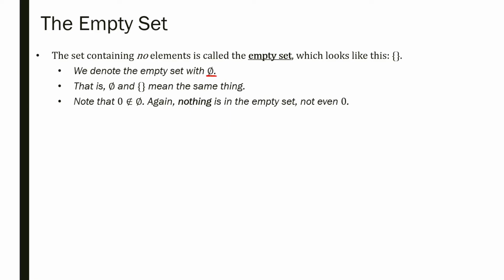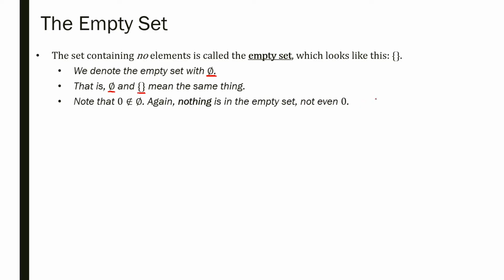Okay, so that is 0 with a slash through it, and this bracket with nothing inside. They mean the same thing. They both mean the empty set. So again, note that 0 is not an element of the empty set. Nothing is in the empty set, not even 0.